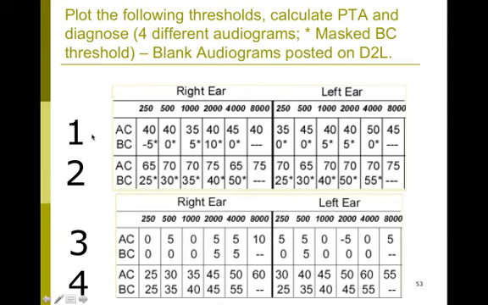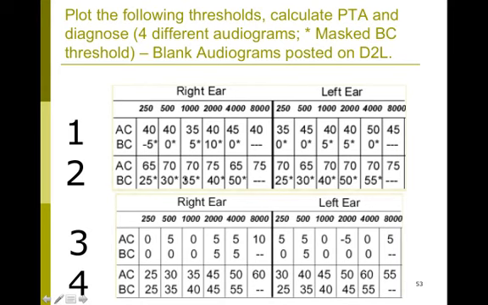Just a few points. These are four different audiograms actually. For example, for the first audiogram, these are the thresholds you got for the right ear, air conduction and bone conduction, and these are the thresholds you got for the left ear, air conduction and bone conduction. Use this to plot an audiogram.